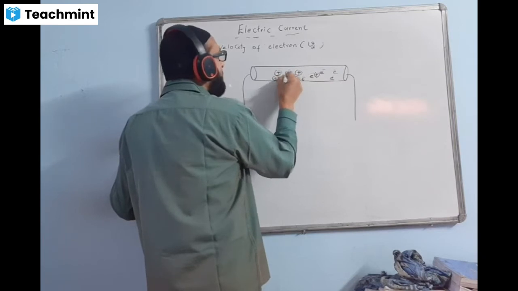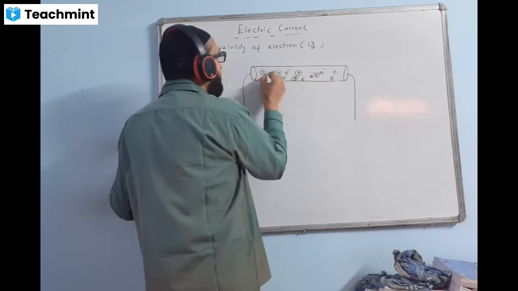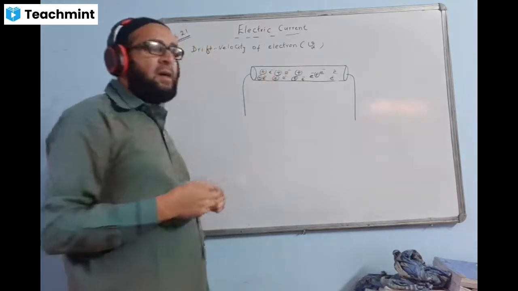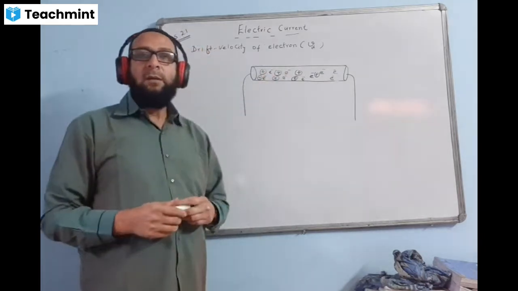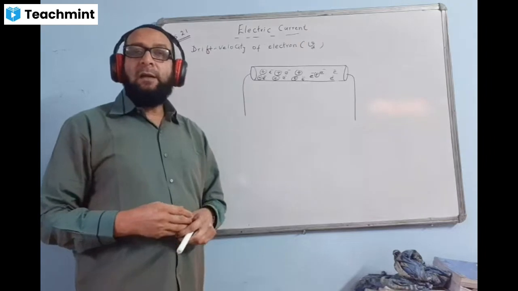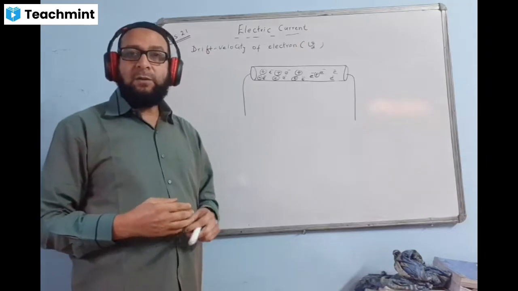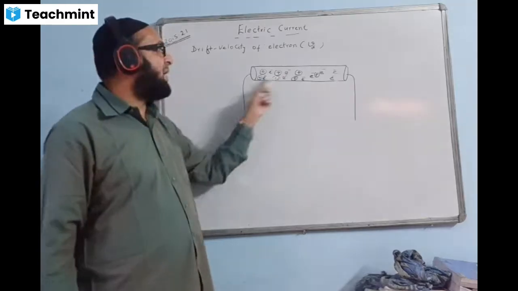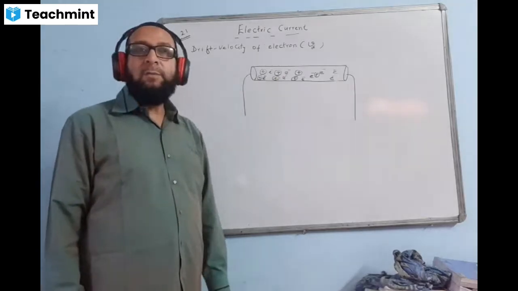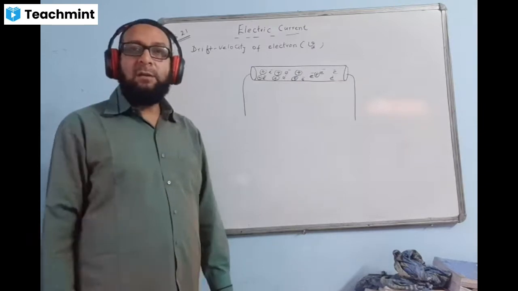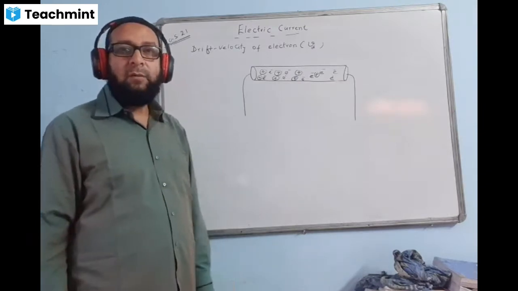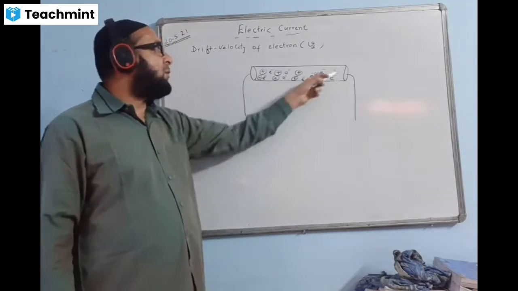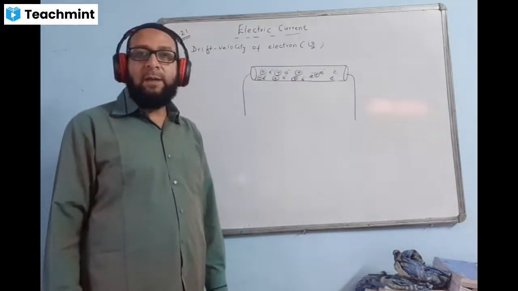What are fixed ions? Electrically charged atoms are called ions. Because metals have positive valency, they have fewer electrons. So positive ions are there, and free electrons are also there.